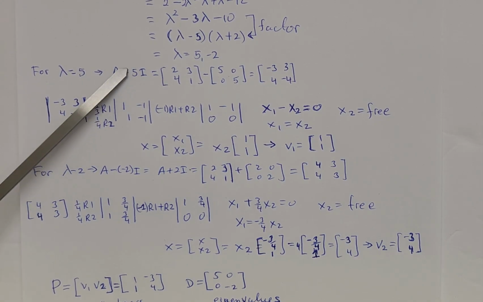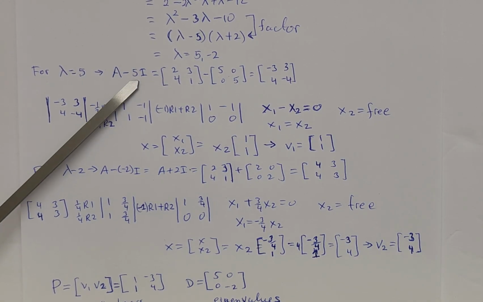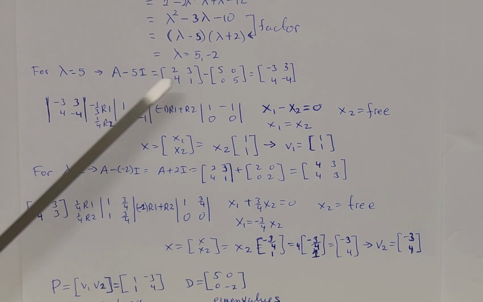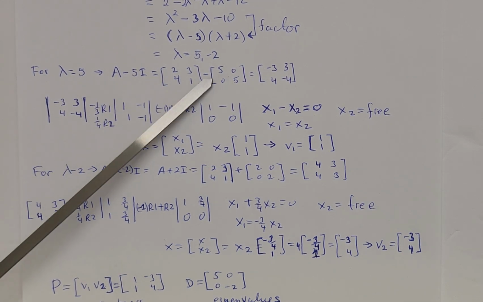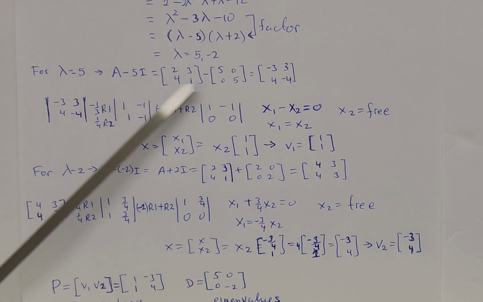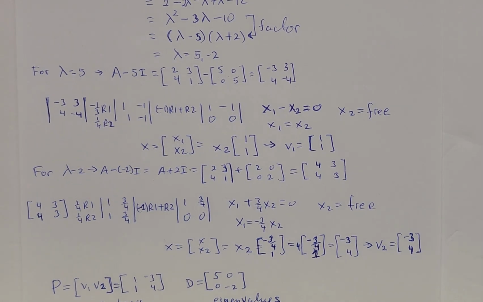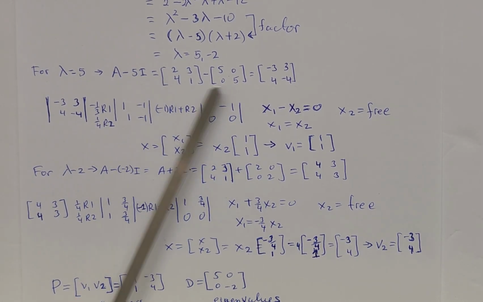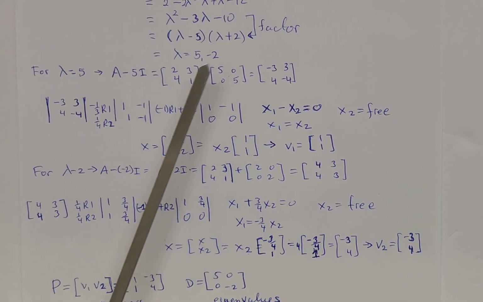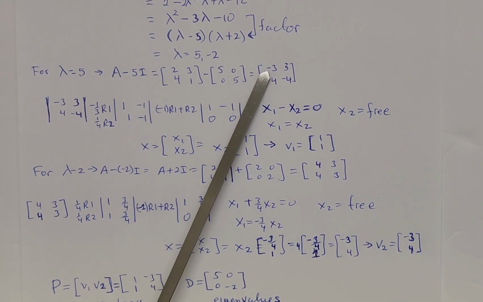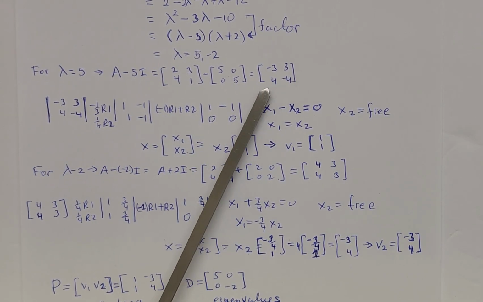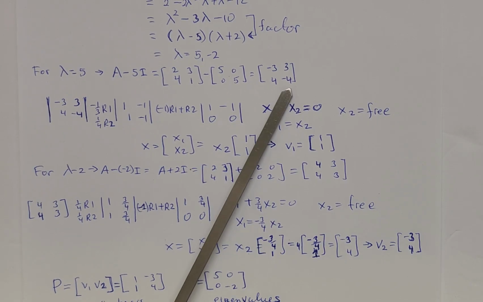Again, instead of lambda, you put 5 in. There's my A, and I is the 1 0 0 1, so times 5 to it. And then after that, you just subtract across. That gives me negative 3, 3, 4, and negative 4.